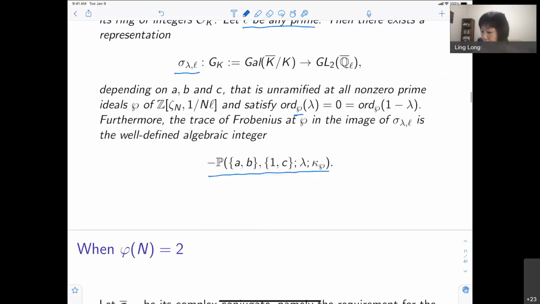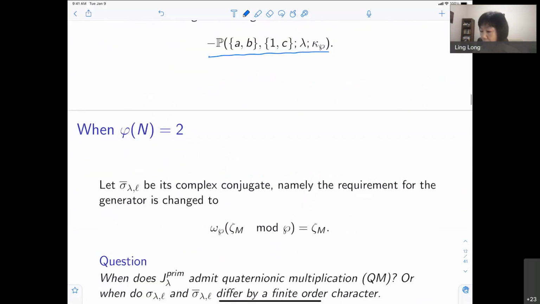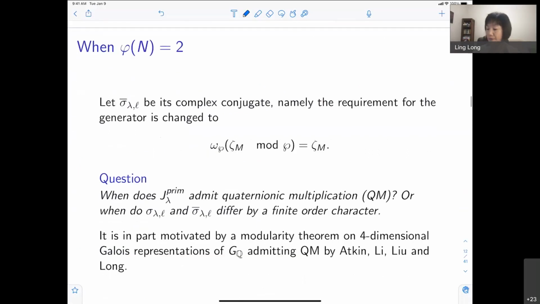And in particular, we're going to look at what happens if for the least common denominator, the corresponding Euler phi number is 2. So in this case, the story will be we start with something which is 4-dimensional, which is 2 times the Euler phi number, which is assumed to be 2 over here.